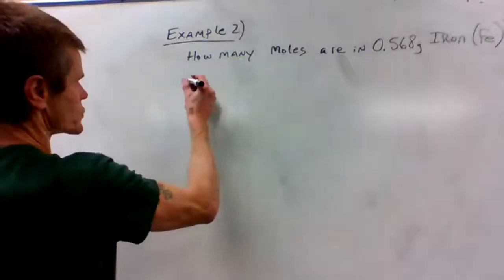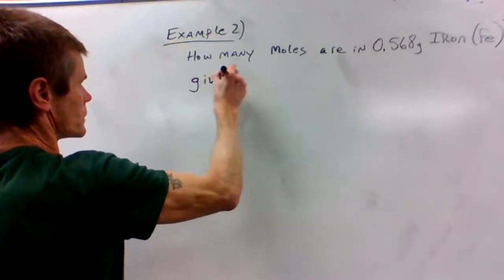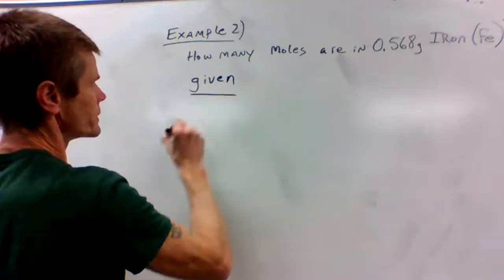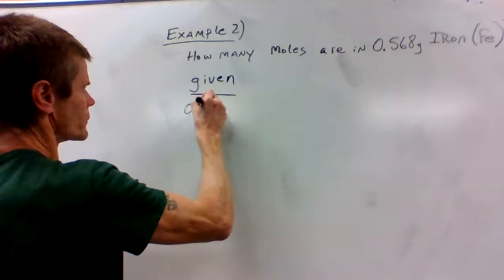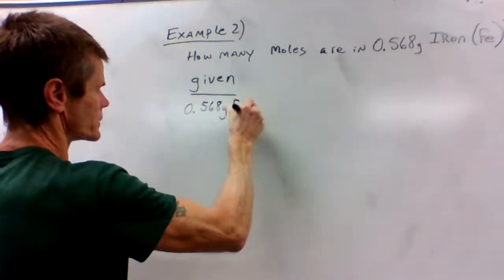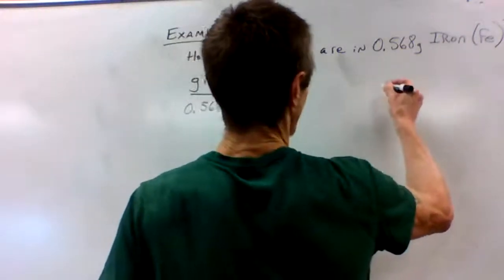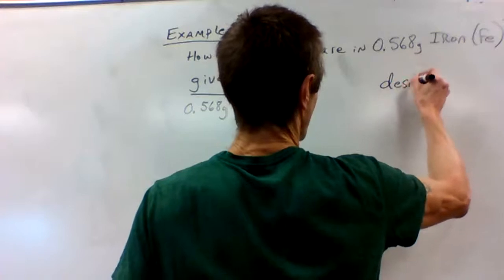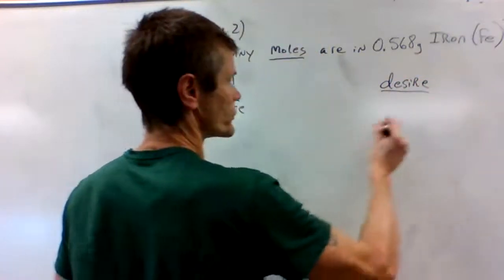Let's begin our strategy such as we did before. Let's write down what is given. In this case, we're given 0.568 grams of iron. And what we desire are the moles.